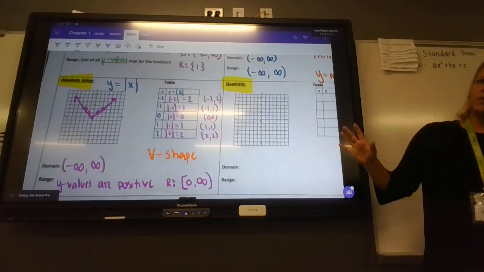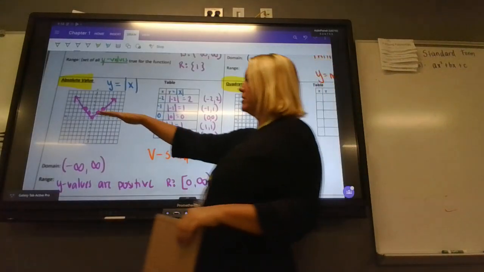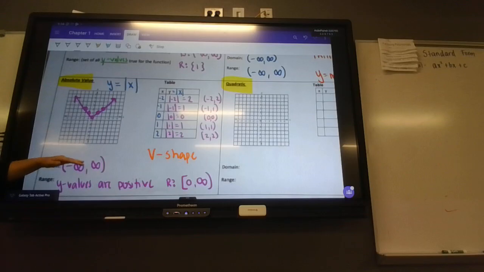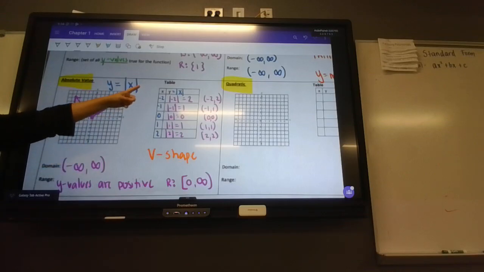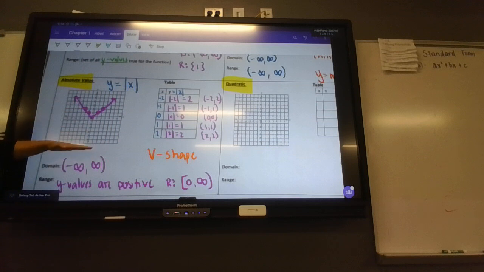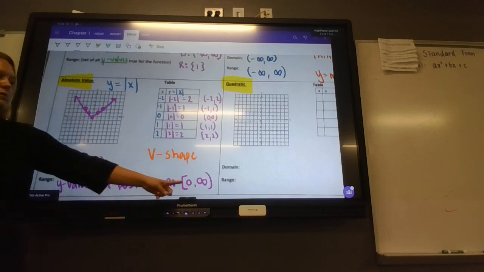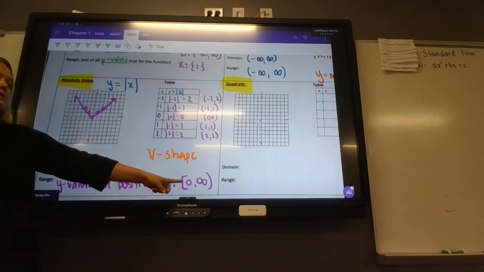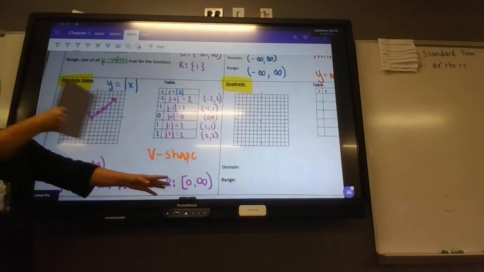Now, you can transform this parent function, and we could drop the V shape down 8. If I put a -8 at the end of this, it would translate it vertically down 8. And if that was the case, then there would be a -8 in the bracket. So just because it says 0 now, remember this is the parent function.